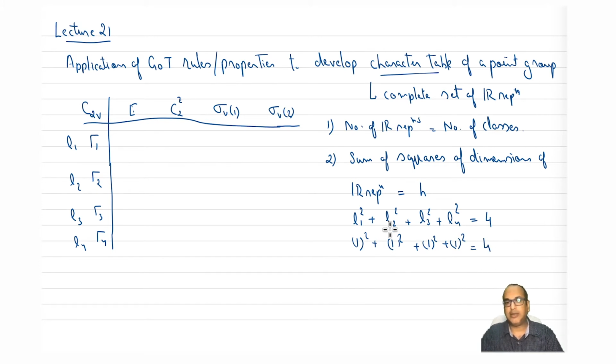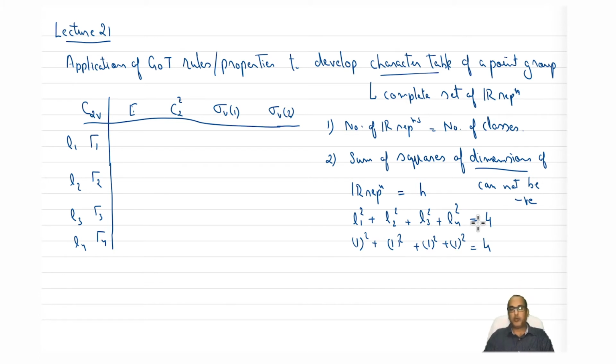Now you can say that it can also take negative values, but because these are dimensions, dimensions cannot be negative. So it has to take positive values only.